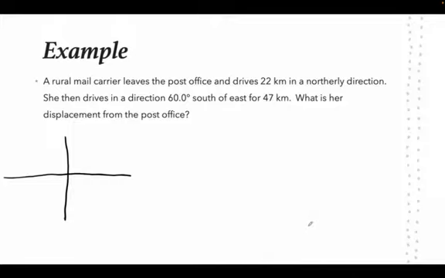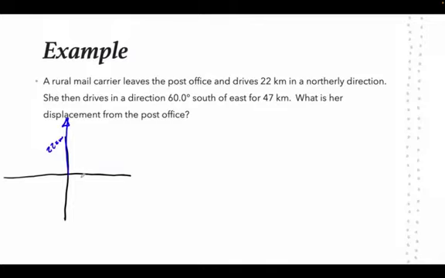Then I would draw my first vector, which is 22 kilometers north. Since I'm not using the graphical method, I don't need to worry about scale. I'll just label this 22 kilometers.